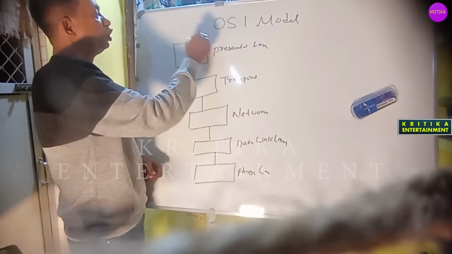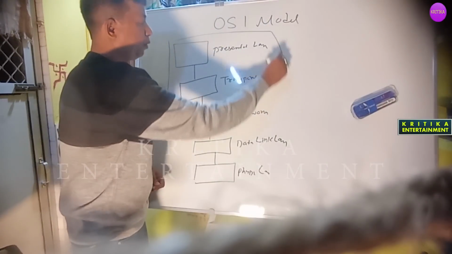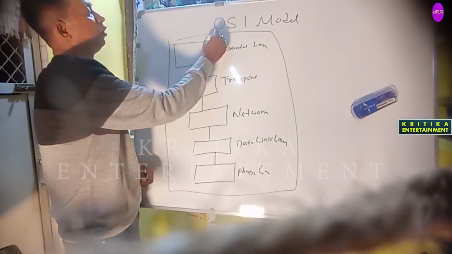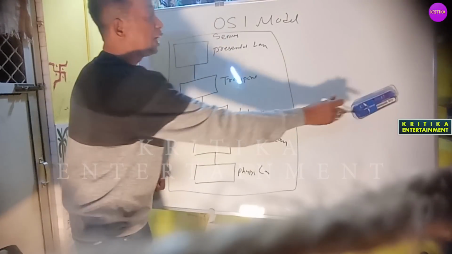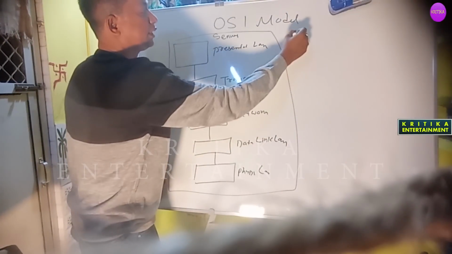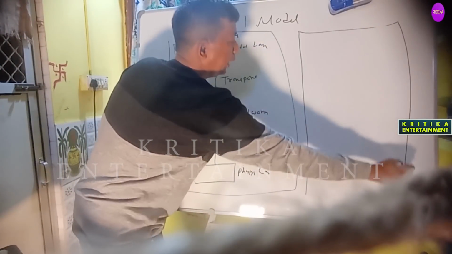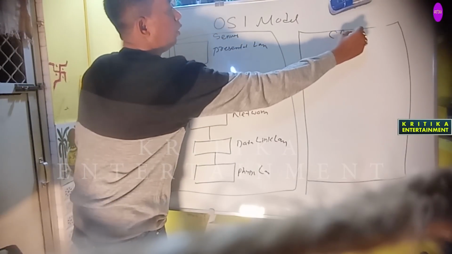This structure is based on a server, so we will consider this the server terminal. The same model is also established on the client side. This is the client machine or client terminal.